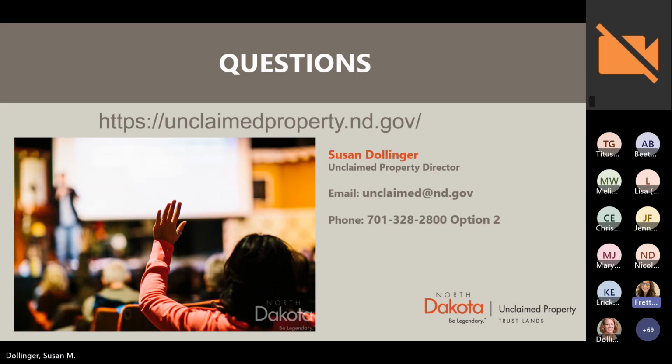Another question, how much is the payment to submit electronically and how do they determine the amount? The amount that you would remit is the total dollar amount that's on your report, and that'll be on your report summary.